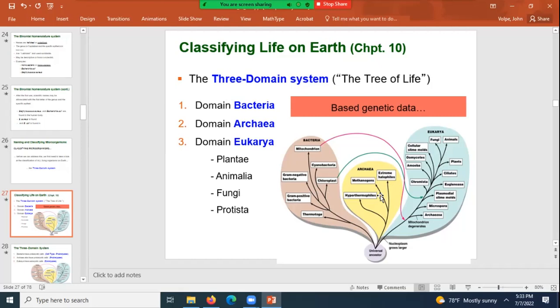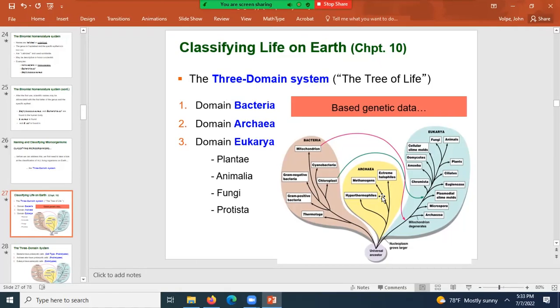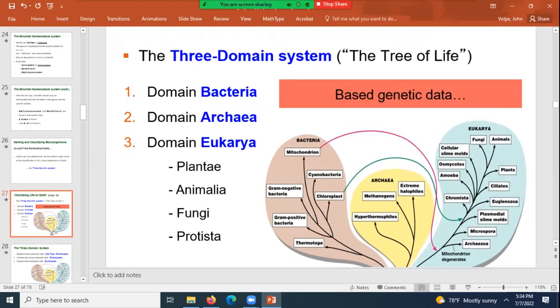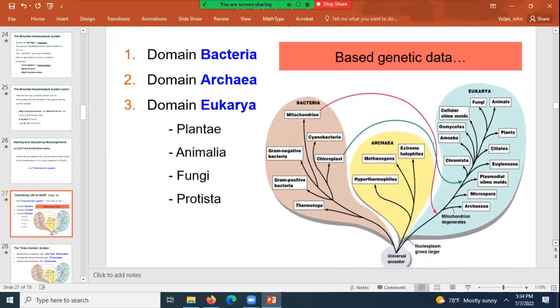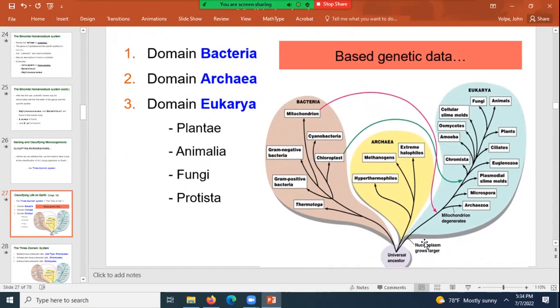But actually the archaea in their sequence of DNA is very different from the sequence of DNA in the bacteria. And actually the sequence of archaea is a little more similar to the sequence of eukarya, just a little bit, than it is to the domain bacteria. And that's because if you look very closely right here, in the tree of life, the archaea and the eukarya were on the same branch for a little bit, just a little bit, before they separated into 2 branches.